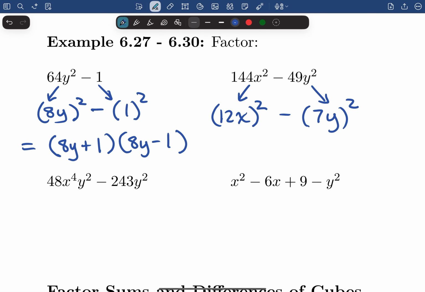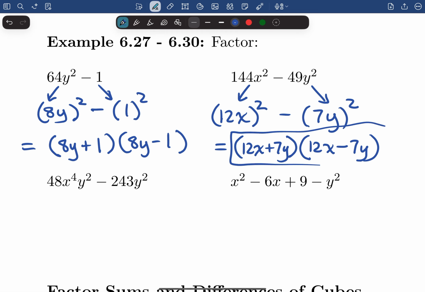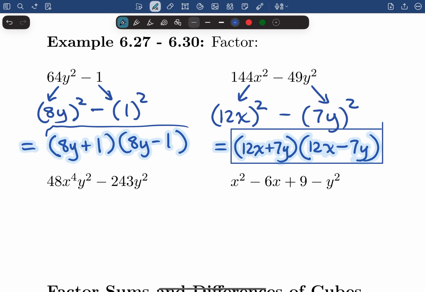So I can write the factored version by creating two binomials. I put 12x at the start of each one, and then I put 7y at the end of each one, and then I separate them with addition and subtraction, and I'm done. I have just factored the difference of squares. Okay, so there you go.